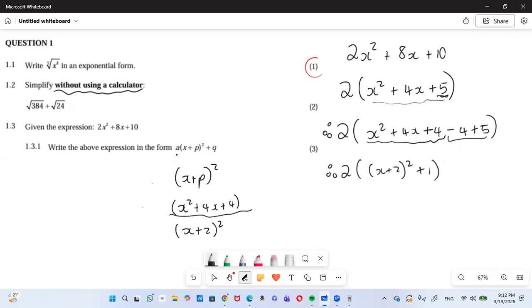Then we only need now to multiply the 2 inside. So we're going to have 2, we multiply it the way we would normally do. So we have 2 times x plus 2 squared, then we multiply now there is going to give us plus 2. So now this is how we go about our calculation, guys.